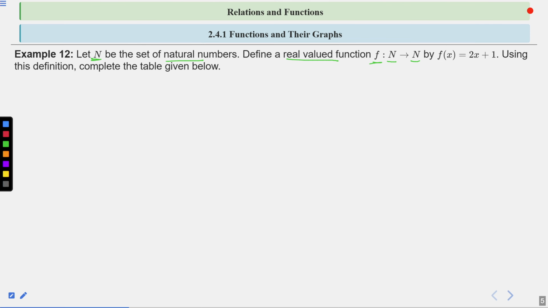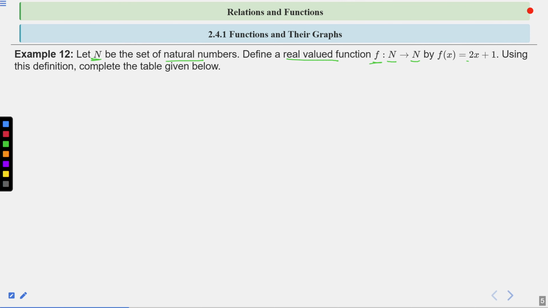Clear? Now, using the previous definition, what we have to do? First of all, this is your real valued function. Why? Because both domain as well as range is a subset of reals. Clear? So this given function is your real valued function.